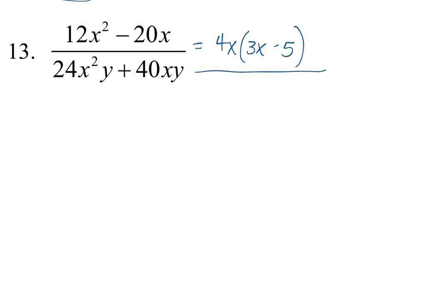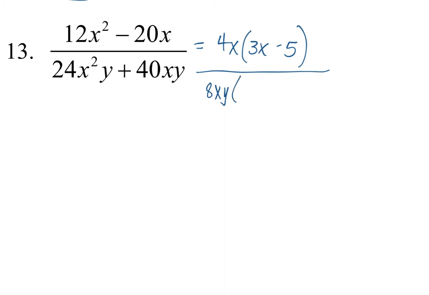In the bottom, we have a GCF of 8 and x and y, the lowest power of each variable. So we're going to divide everything by 8, x and y. And 24 divided by 8 is 3. 3x and 40xy divided by 8xy is just 5.